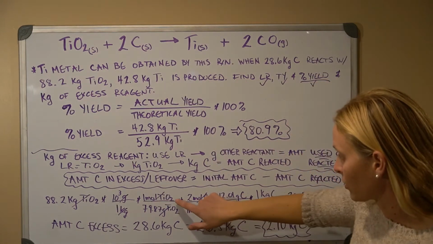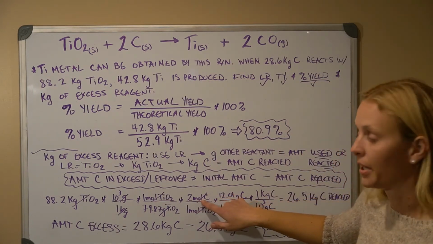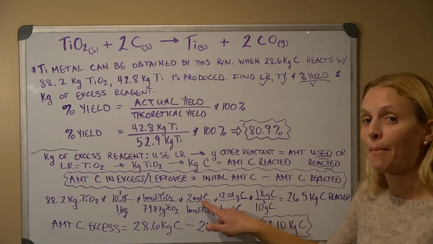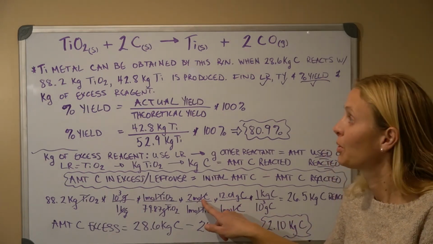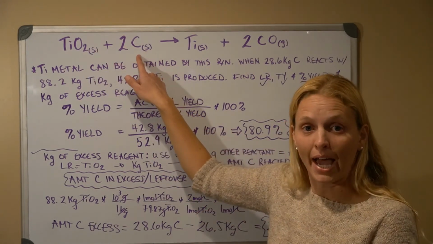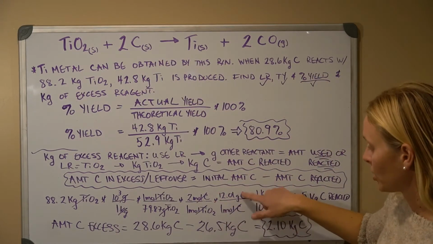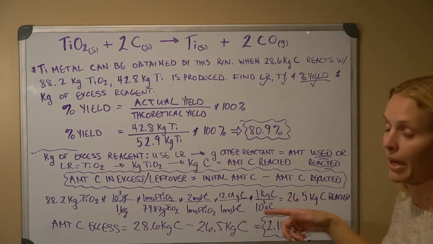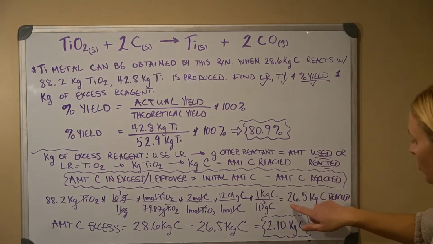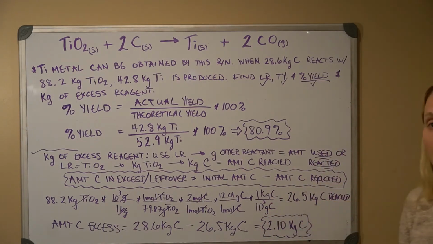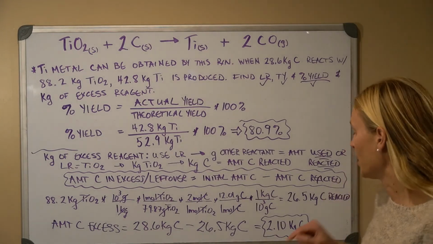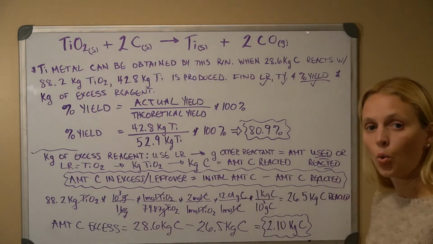So 1 mole cancels out here to 2 moles of carbon on top there. Now I'm at moles of the other thing, which is our other reactant. And then I need to go back to mass, so I use the mass of carbon and get back to kilograms. So I should end up with 26.5 kilograms of carbon that was reacted or used.